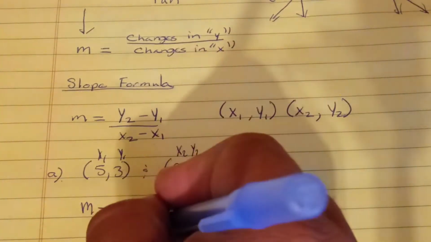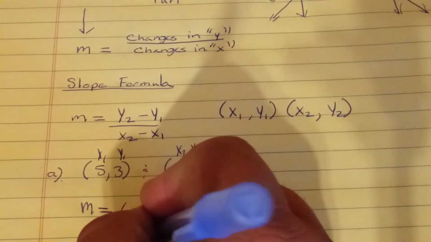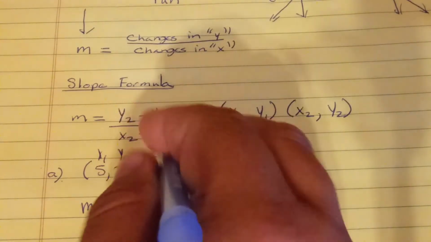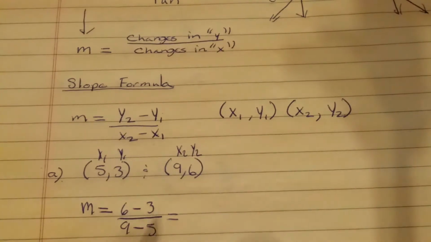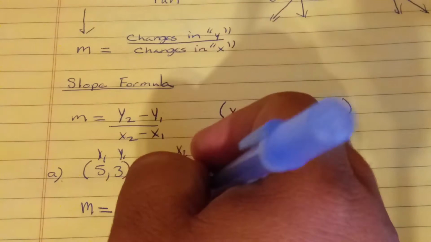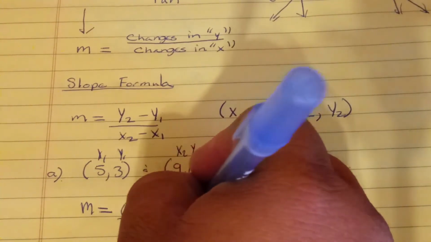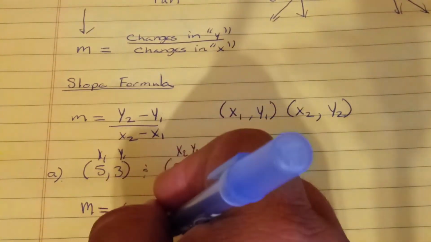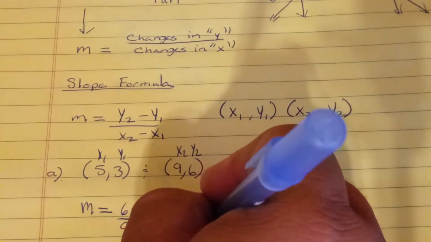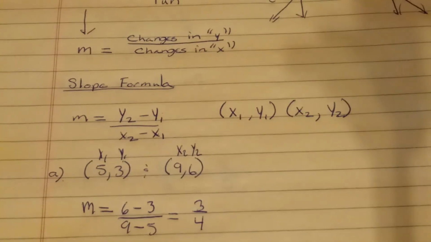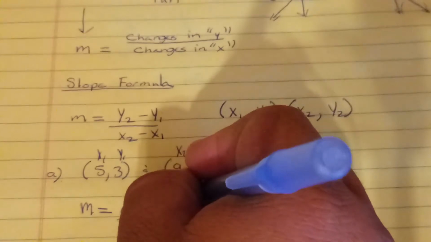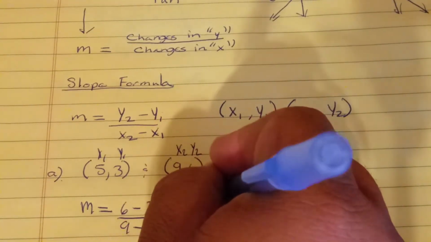X to the first is 5. So what you're going to do is figure out the differences between your y's and the differences between your x's. So if we subtract 6 minus 3, that means it's 3. 9 minus 5, that's 4. So the slope of this will be 3 over 4, and it's said to be a positive slope.